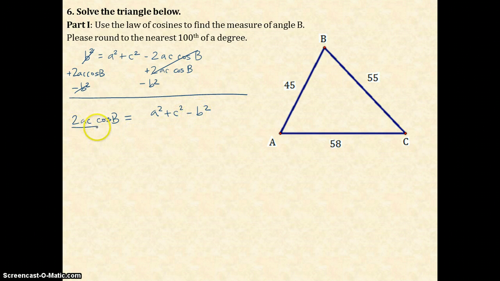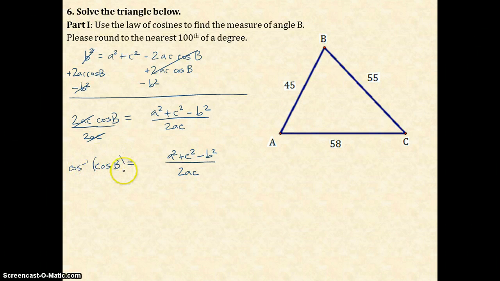And then if I divide both sides by 2ac, then I have cosine of B by itself, a squared plus c squared minus b squared over 2ac. And then if I want to find out what the actual angle B is, I just do the inverse cosine.